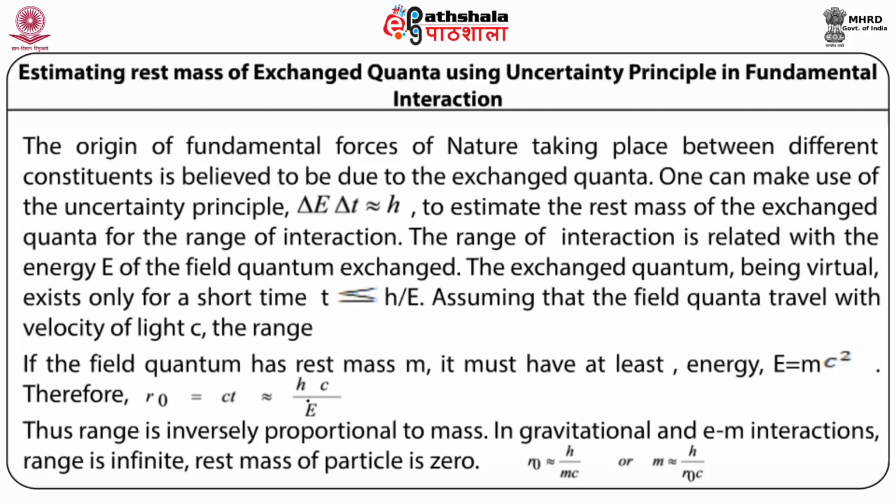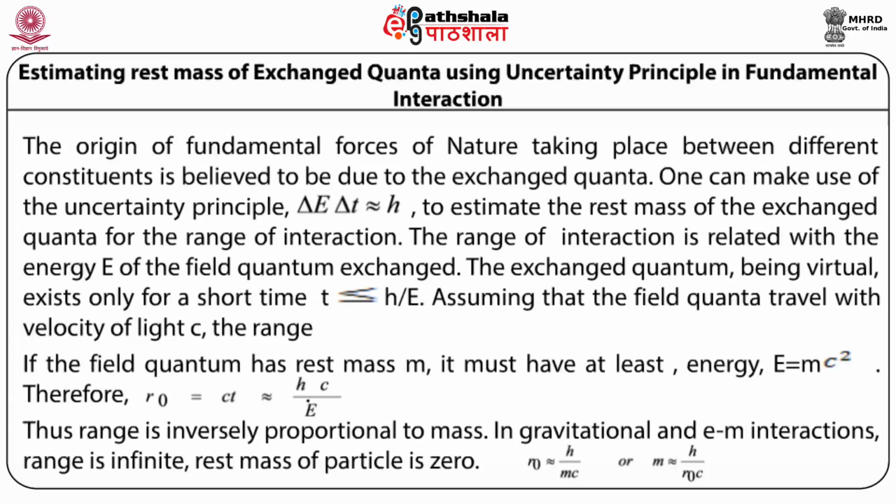Now, to estimate the rest mass of the exchanged quanta for the range of interaction, we need to see that the range of interaction is related with the energy E of the field quantum exchanged.